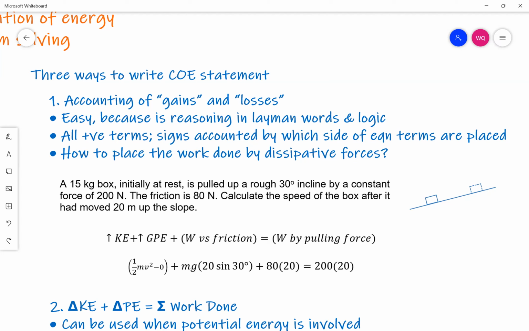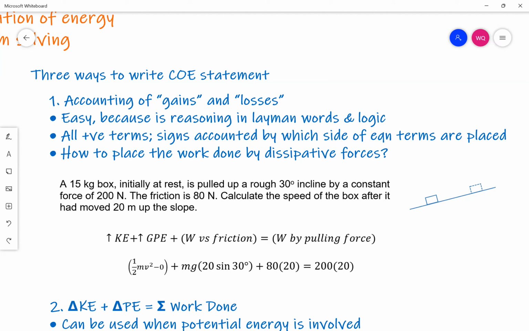And if you have work done by some other forces, that's helpful. That term will be written on the same side as the loss terms, because it's like someone else doing work, allowing something to gain. So you'll be on the opposite side of the equation as the gains.